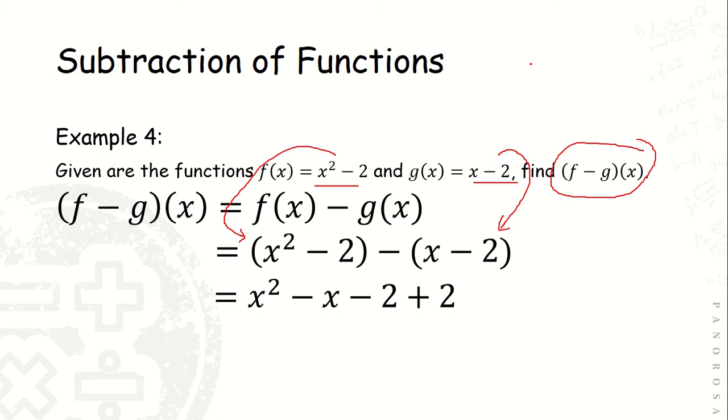Then combine similar terms, so copy x squared. And then we will have negative times positive, so we will have negative x, negative 2, copy. And then negative times negative, we will have positive 2. So take note that the combination of similar terms should be done from the highest exponent down to the lowest exponent.